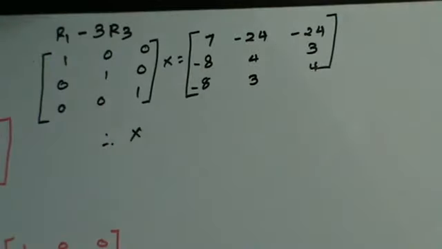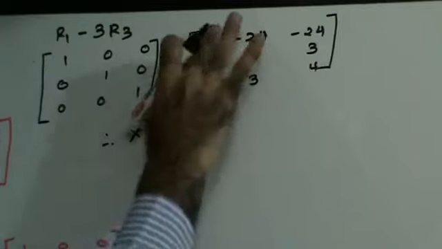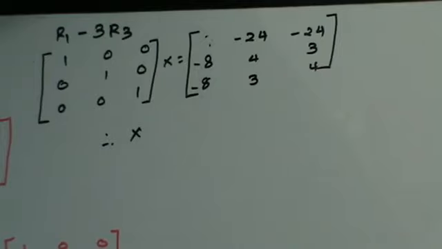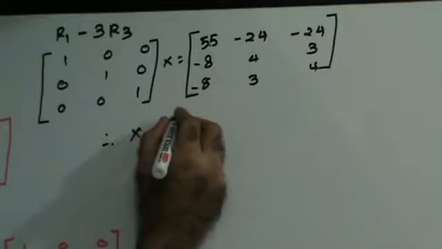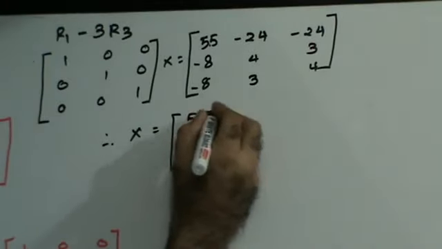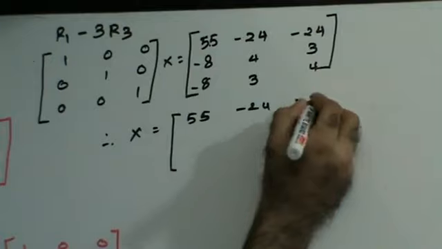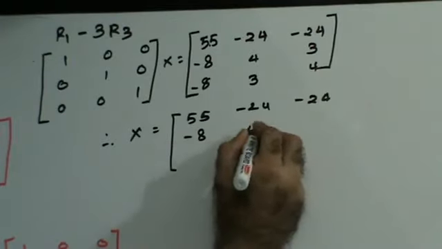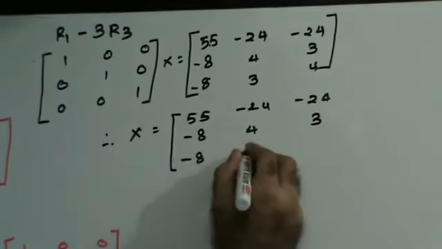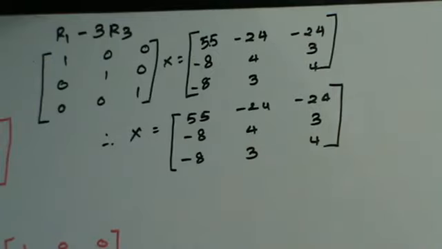Therefore I can say yes. So it was 7, so it's 31 minus of minus 8. So 31 plus 24, that is 55. So in that case you will get your answer of x as 55, minus 24, minus 24, minus 8, 4, 3, minus 8, 3, 4. That is going to be your value of x.